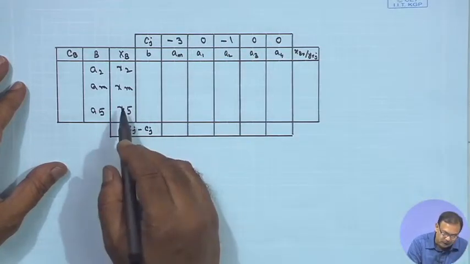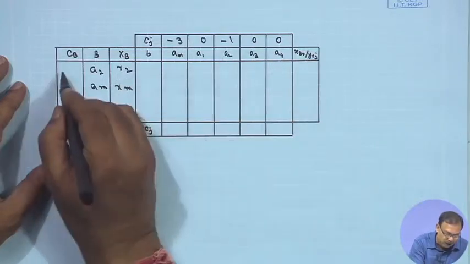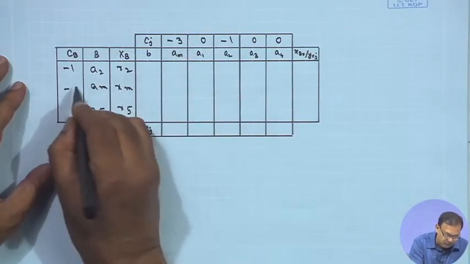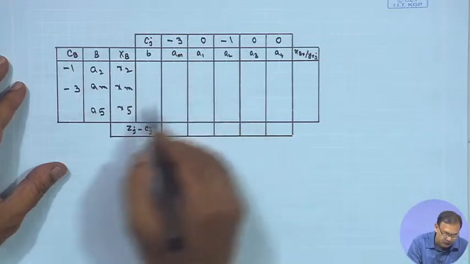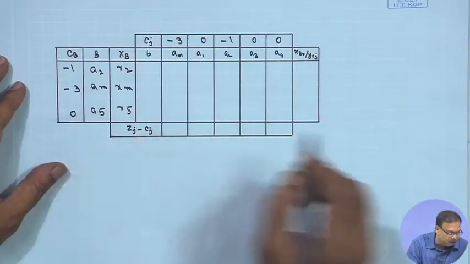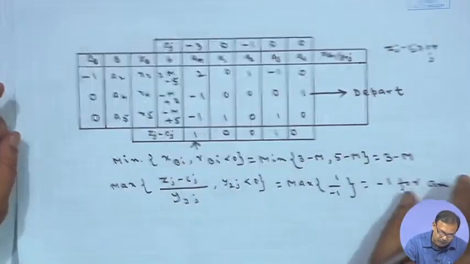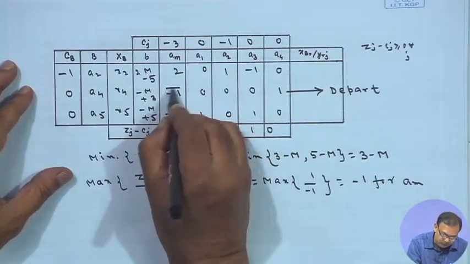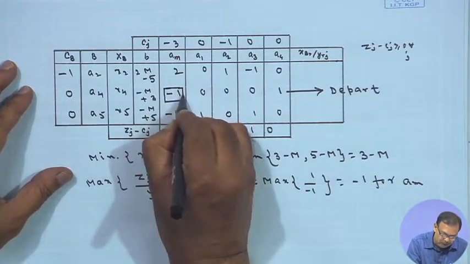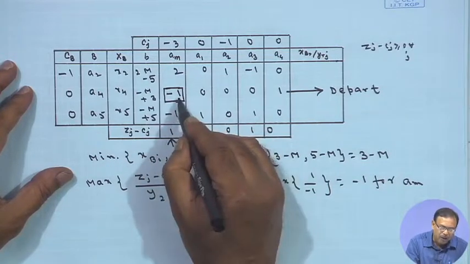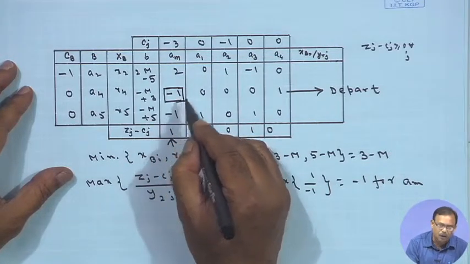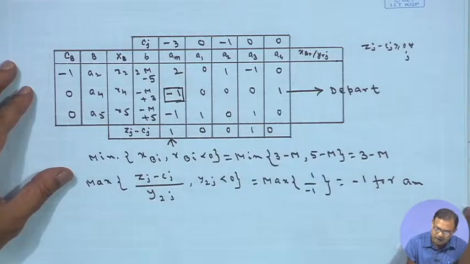So, A2 is minus 1, AM value is minus 3 and A5 is 0. So, on this table your pivot element will be this one. In the earlier table your pivot element is this, meaning I have to make this element 1 and the other elements 0 in this particular column.